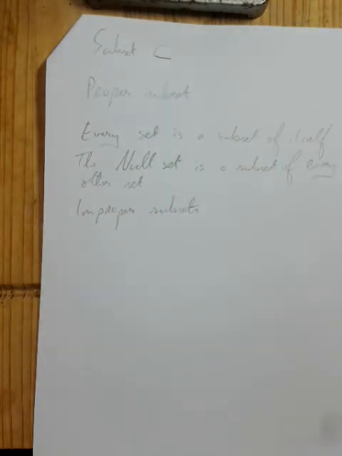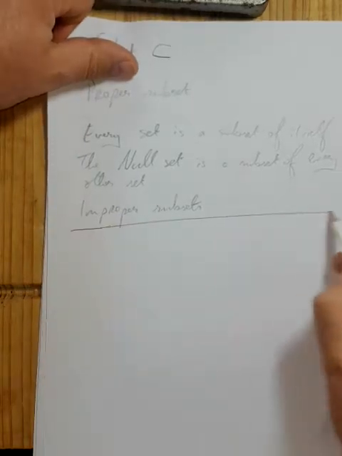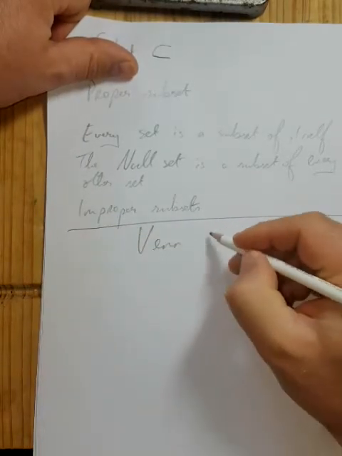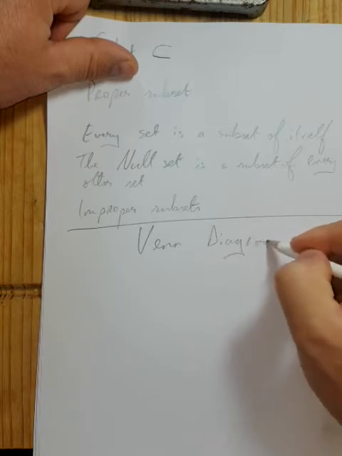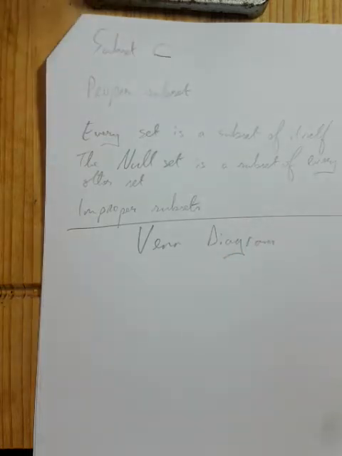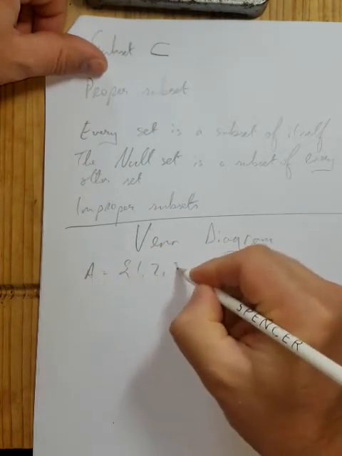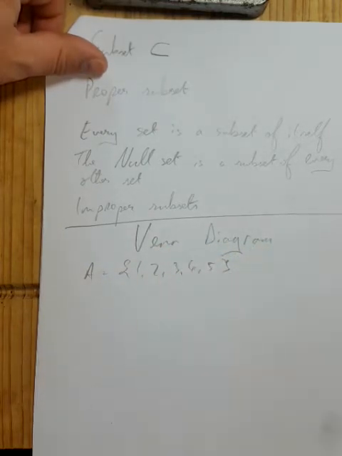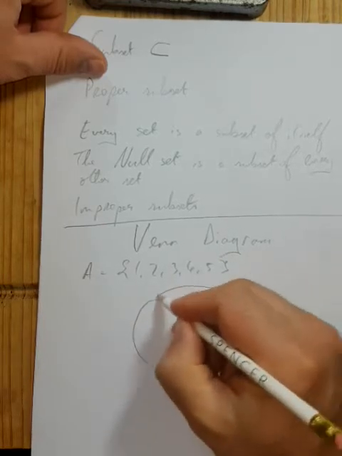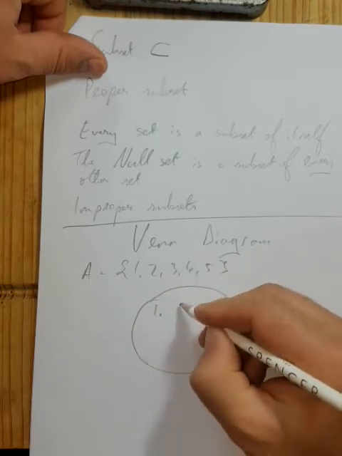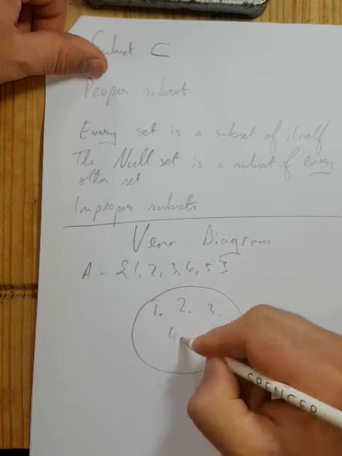So next, we want to talk about the topic of illustrating our sets. How do you illustrate your sets? You illustrate them with what's called a Venn diagram. A Venn diagram is quite simply a circle which shows all of the elements in a set. So if I go back to my set A, how we'd illustrate this would be a circle, and then 1 with a dot beside it, 2, 3, 4, and 5.